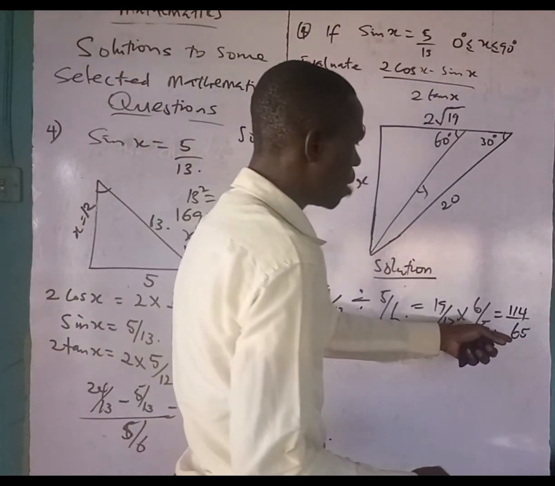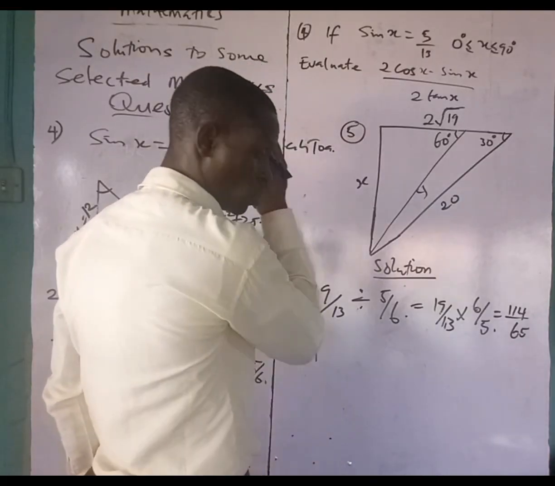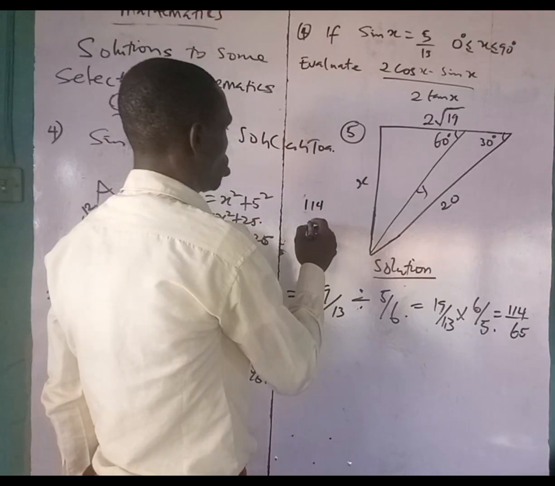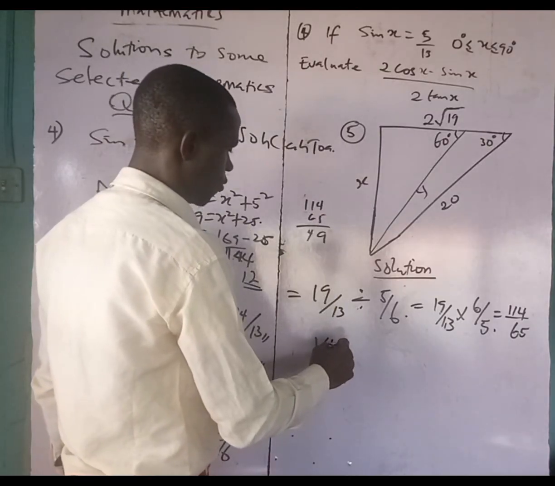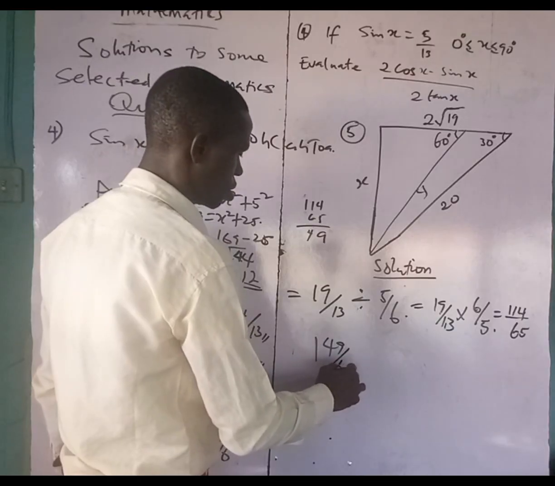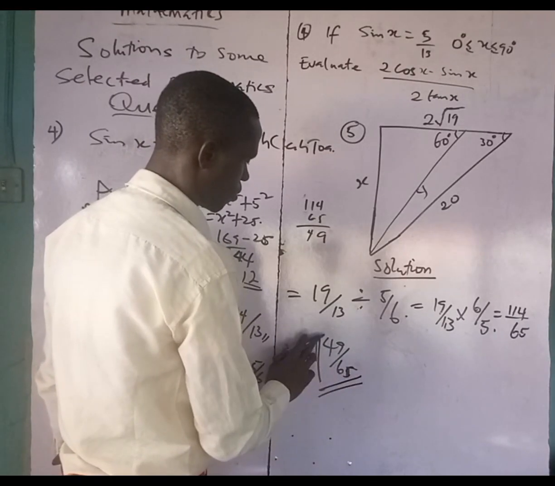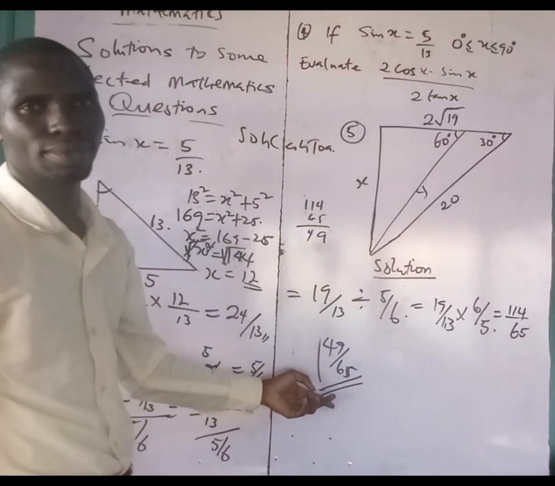How many 65 can you see in 144? That's 1. So what will be remaining? 144 minus 65 you have 49. 49 over 65. So this is our answer.